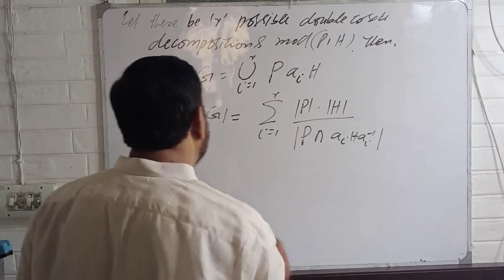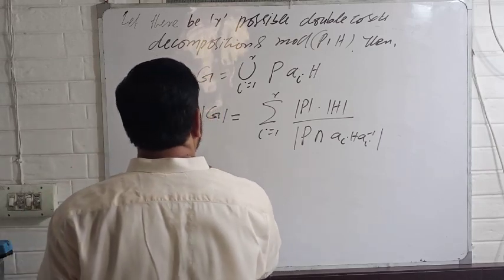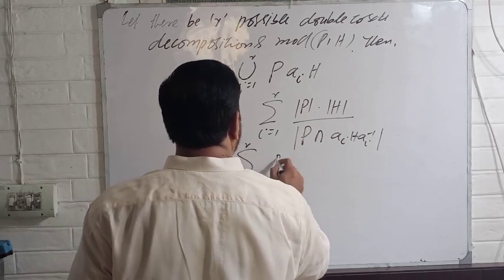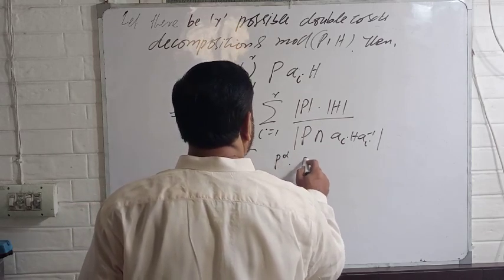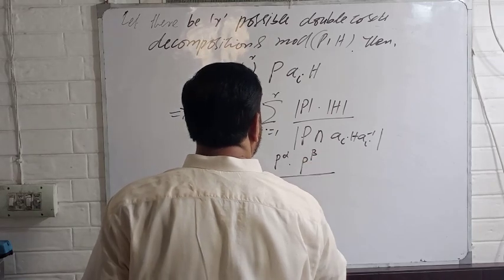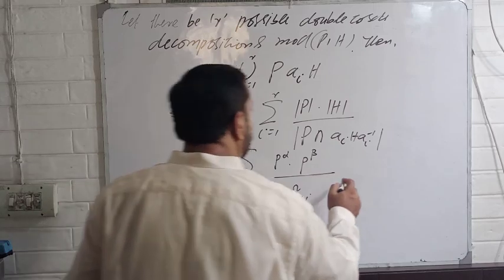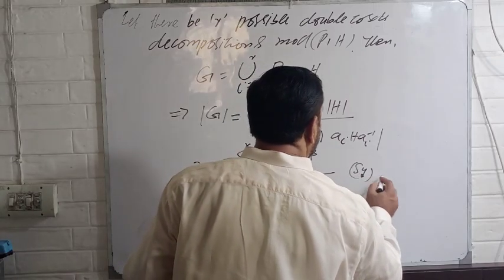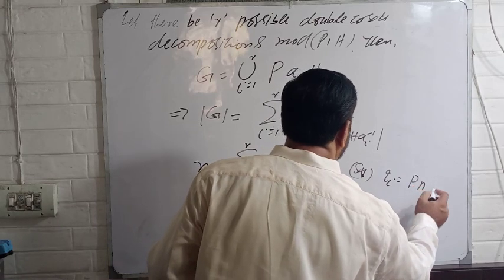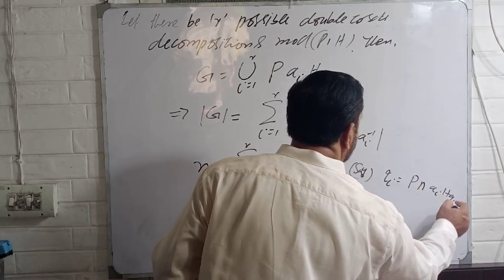So n is equal to the summation, i from 1 to r, of P power alpha into P power beta over q_i. You know, say q_i is in fact order of P intersection a_i H a_i inverse.